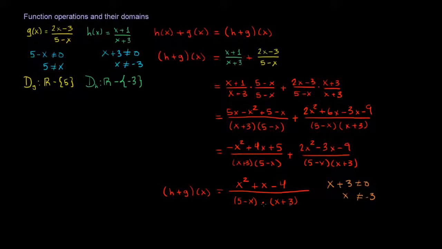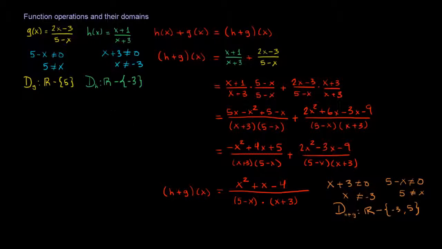Now I'm going to use this one: 5 minus x is different from 0, so x will be different from 5. This restriction I'm going to write down here. It's a bit tight here, but it will work. The domain of h plus g will be all the real numbers except for negative 3 and 5.